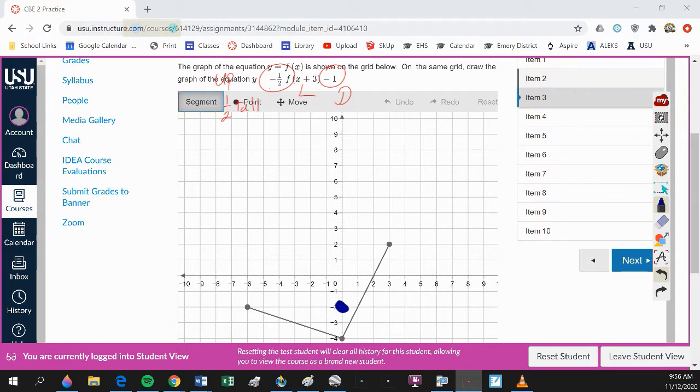This one gets moved left 3, upside down, cut in half, and then down 1. Okay, this one gets moved left 3, upside down, cut in half, and down 1. And that would be the new figure. And then you just play connect the dots.